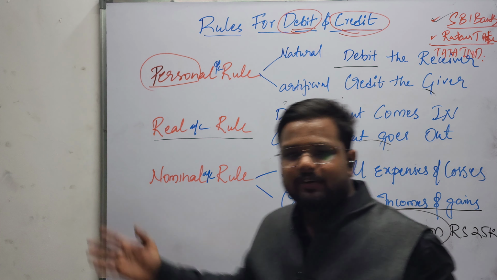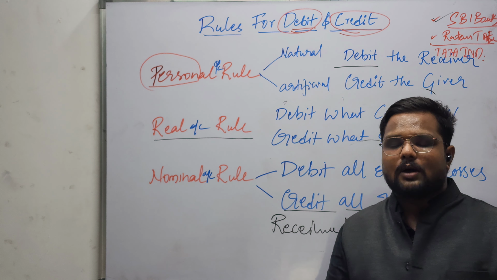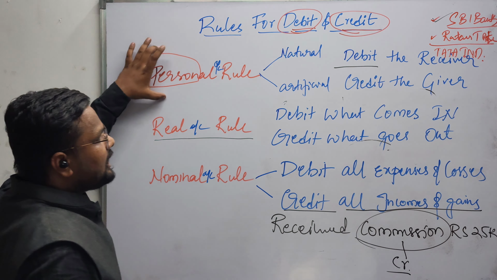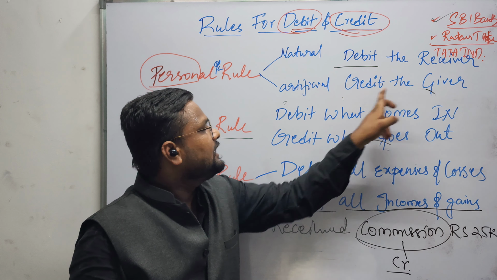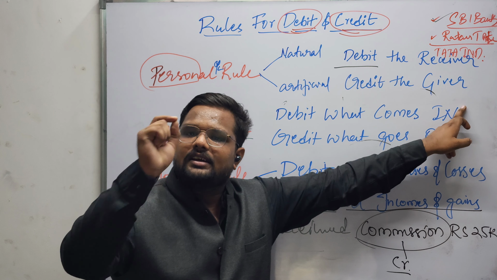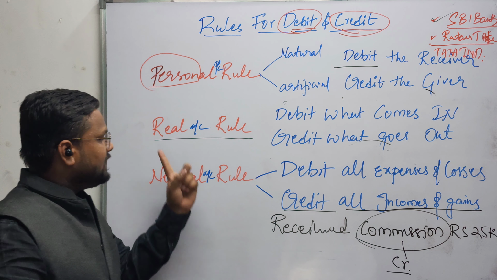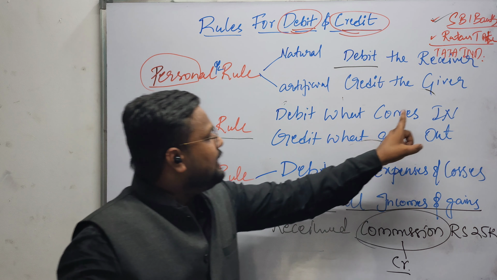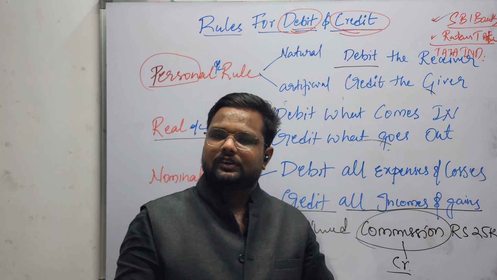Simply briefing up once again. Personal, real, nominal. There are three types of accounts. In the personal account, the rule is debit the receiver, credit the giver. Second account, that is real account: debit what comes in, credit what goes out.